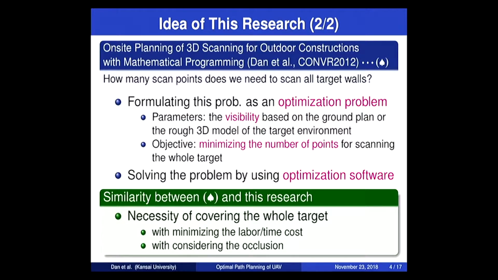So in our former research, we formulated this problem as an optimization problem. The parameters of this optimization problem are about visibility, which can be computed based on the ground plan or the rough 3D model of the target environment. Also, the objective function is to minimize the number of points for scanning the whole target. And when we solve this problem, we can obtain the optimal scanning points.